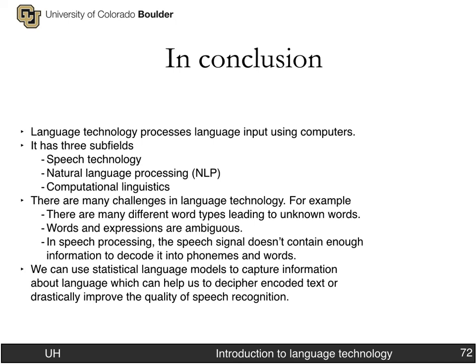And the third one is that in speech processing, the speech signal doesn't contain enough information to decode it into phonemes and words. So to help with these problems, we can use a statistical language model which can capture information about the statistical nature of language. And this can help us, for example, decipher the encrypted text, but it can also drastically improve the quality of speech recognition and machine translation.